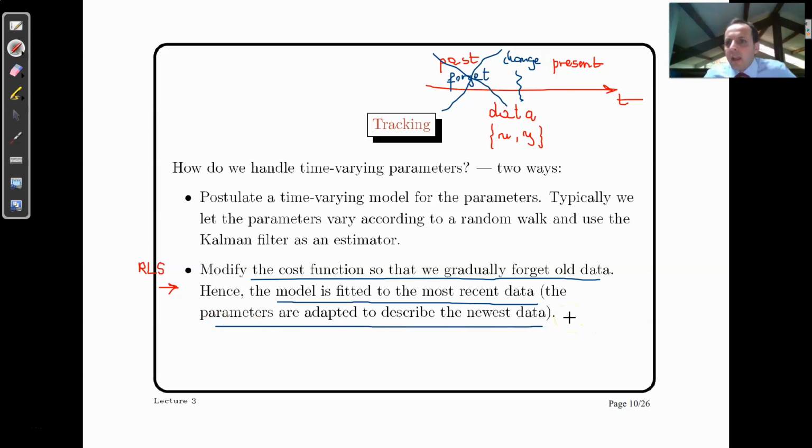Of course, you cannot think of immediately removing the past data because it's unfeasible, it's impossible. So you must introduce something that gradually, as is written here, makes you forget the past.